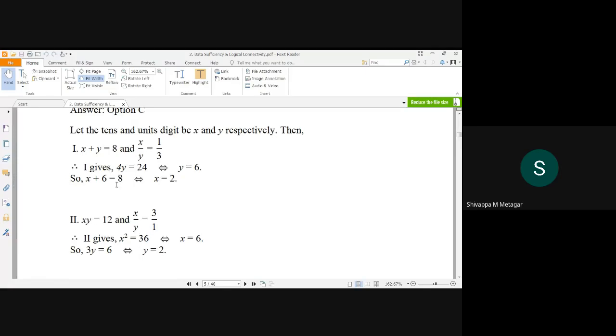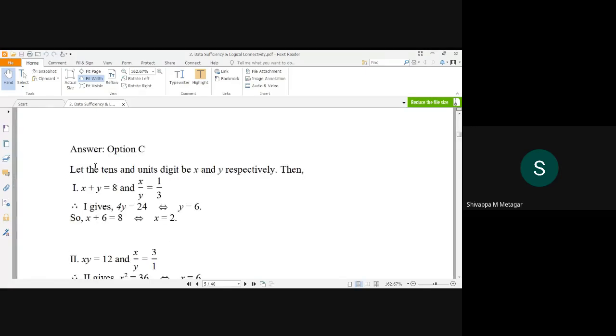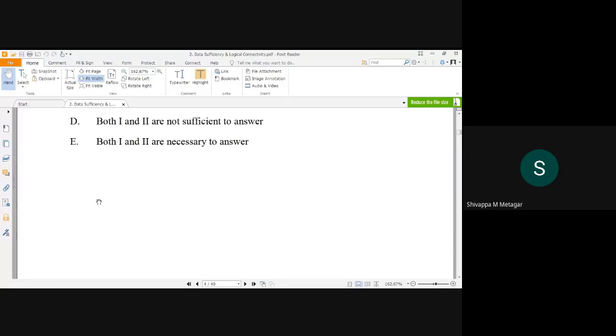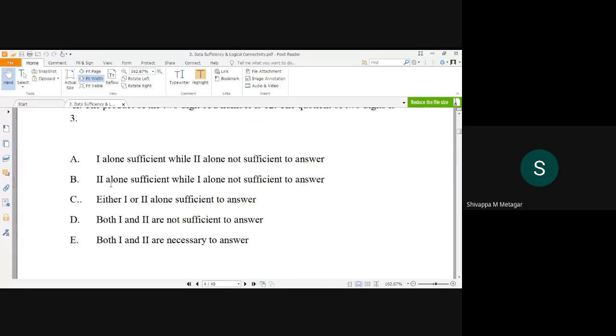Here the first statement is not dependent on the second and the second is not dependent on the first. So which one is the correct answer here? Either 1 alone or 2 alone is sufficient to answer the given question. This is your right answer.